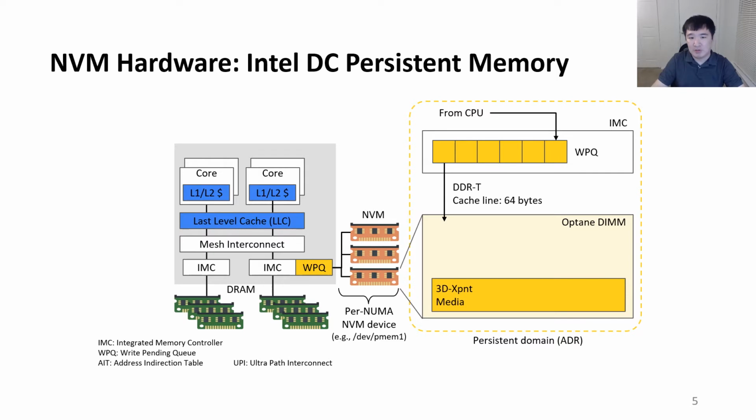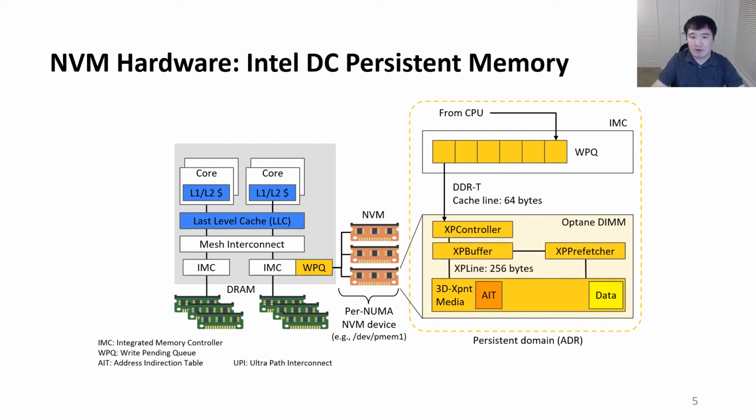In the Optane DIMM, there is a 3D XPoint media, and the address indirection table and the data are stored in the 3D XPoint media. The XP controller merges consecutive I/O requests using the XP buffer. So, the I/O requests to 3D XPoint media are triggered at XP line size granularity, which is 256 bytes.